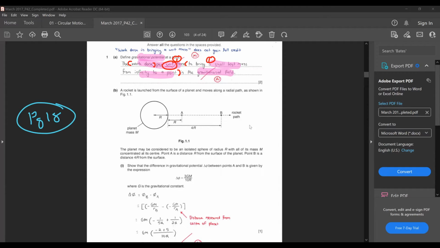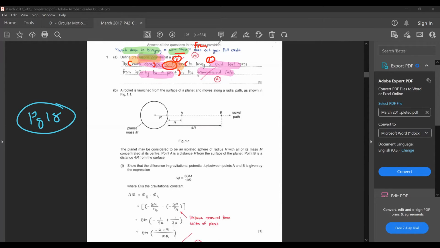Now, in the older past year questions, when they ask you to define gravitational potential, the answer might be slightly different. Here you see it's written as work done per unit mass. In the older past years, for that same definition, they call it work done in bringing a unit mass from infinity to a point in the gravitational field.